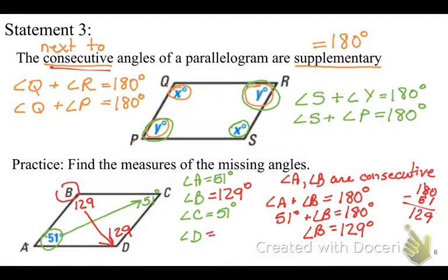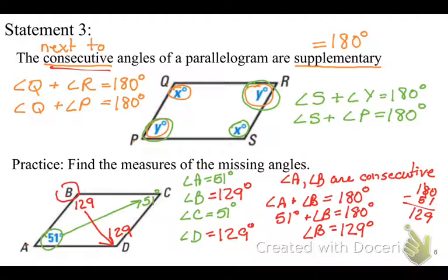And now we know angle D is equal to 129 degrees. And so knowing just that one angle of a parallelogram, we figured out all the other three angles in that same parallelogram, just using two of the three statements that we learned about.